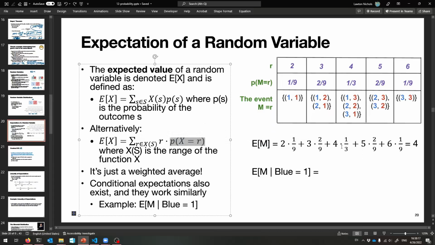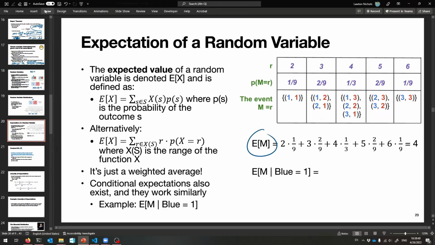Okay, so this will make sense for this example. X of s here is the range of the function x. It's really just a weighted average. Sorry to use fancy terminology, but it's a weighted average of what you can expect on average, what the random variable should give you back.